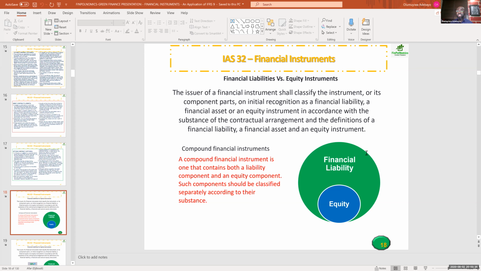Primarily, convertible securities are usually debt securities, securities that have a predetermined interest and principal. But there's an option embedded in such a security that allows the holder to convert it upon maturity to the shares of that company instead of collecting its money back. In that case, we say such an instrument may qualify as a compound instrument.